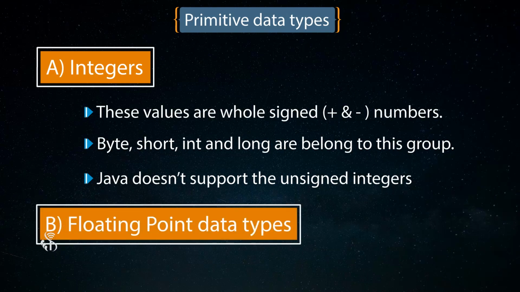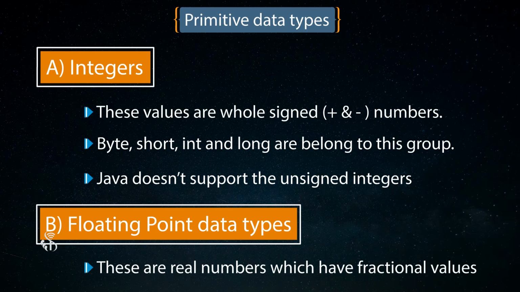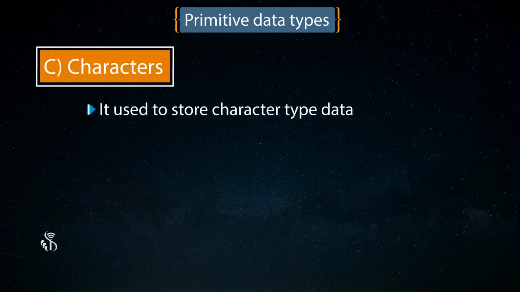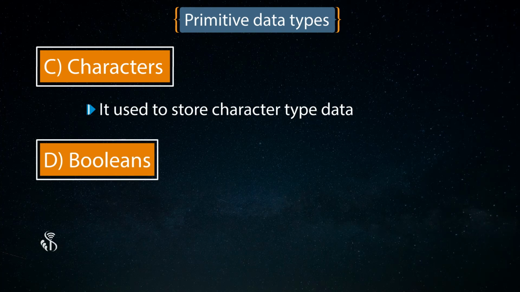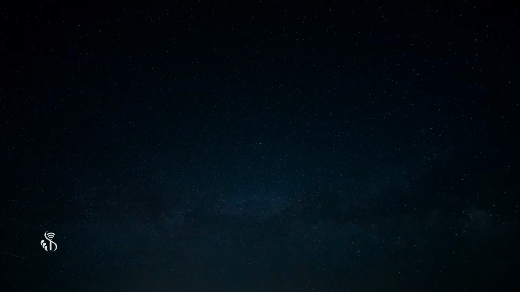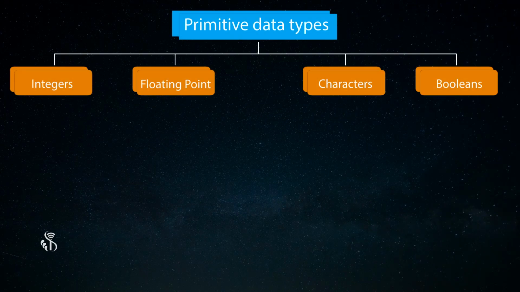Floating point data types: these are real numbers which have fractional values. Characters: these are the data types used to store character type data. Booleans: as the name suggests, these are the data types used for logical data which is either true or false. Let us also understand each of these in detail.